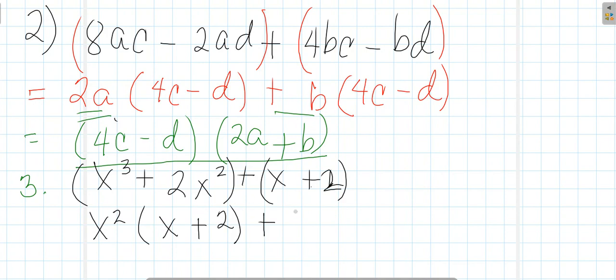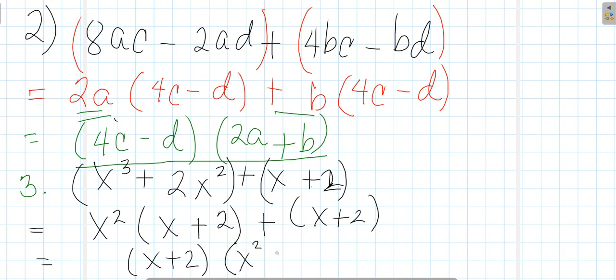Then x plus 2. Then we have now the common factor x plus 2. Then x squared times x plus 2 divided by x plus 2 is x squared here. Plus, this is equal to 1. So therefore, this is the factor.